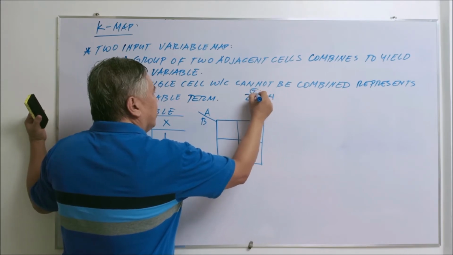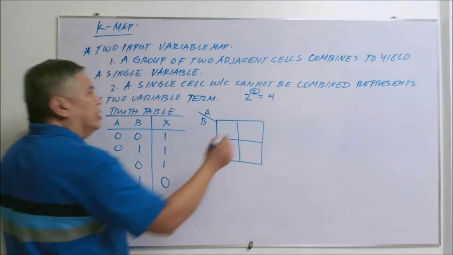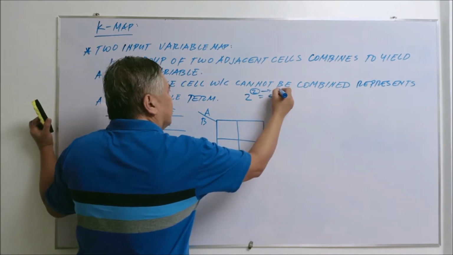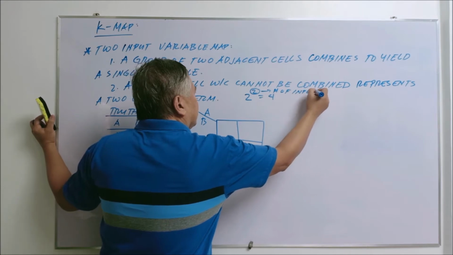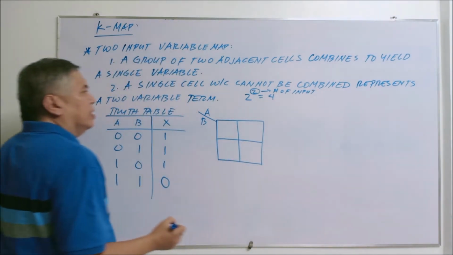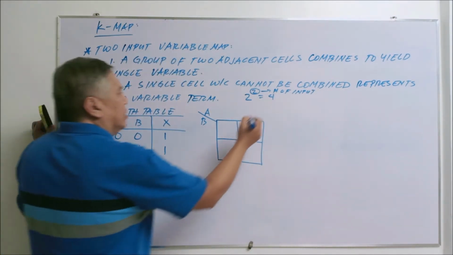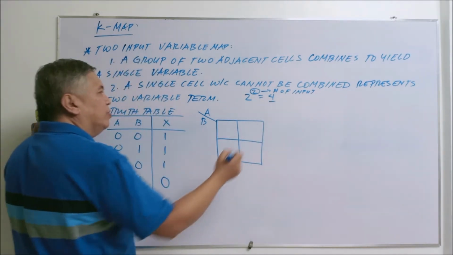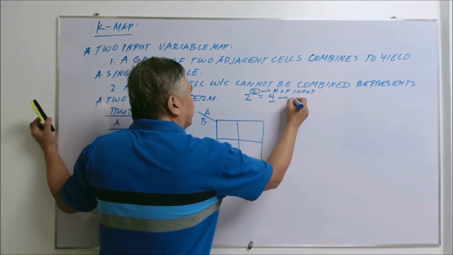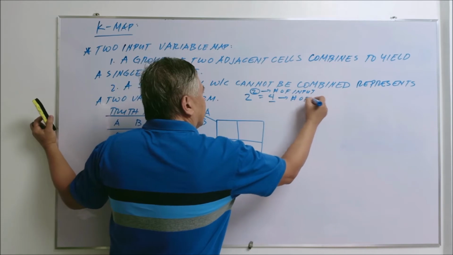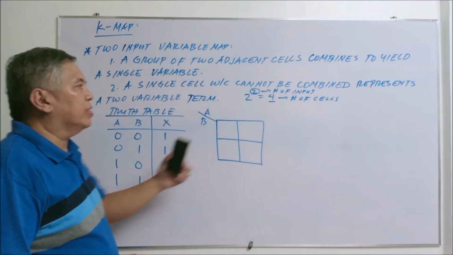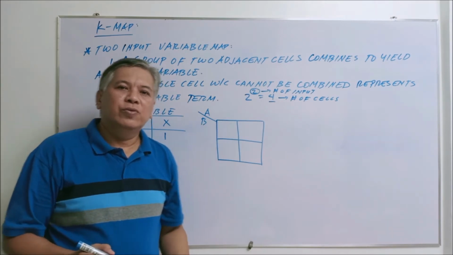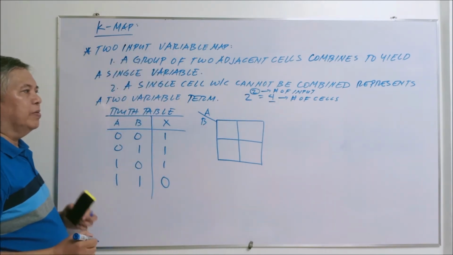The exponent here corresponds to the number of inputs, or input variables, and the value 4 corresponds to the number of cells needed to satisfy a 2-input variable map.